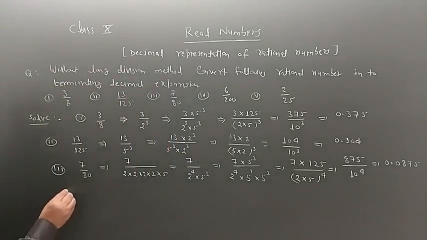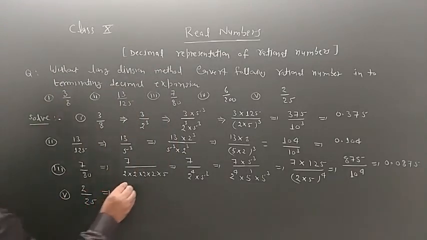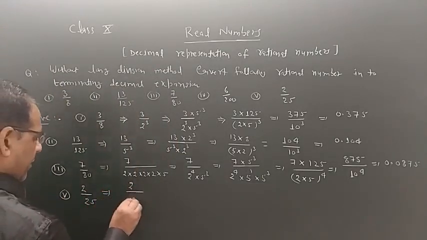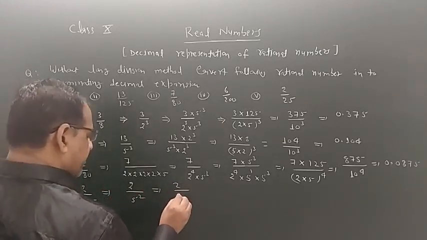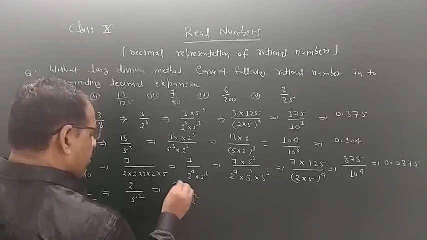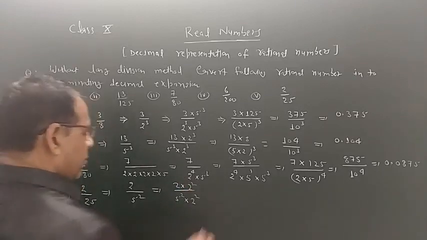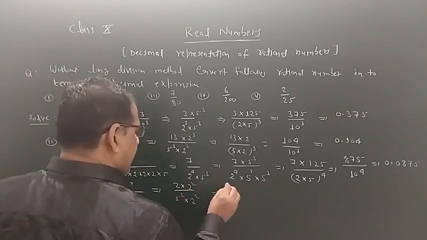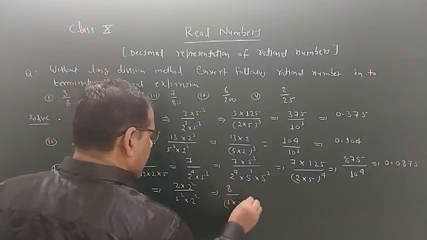Now I am taking the fifth part of the question, 2 upon 25. This can be expressed as 2 upon 5 square. That means 2 upon 5 square into 2 square. We want to equate the power of 5 and 2, so the fraction can be written as 8 upon (5 into 2) whole power 2.